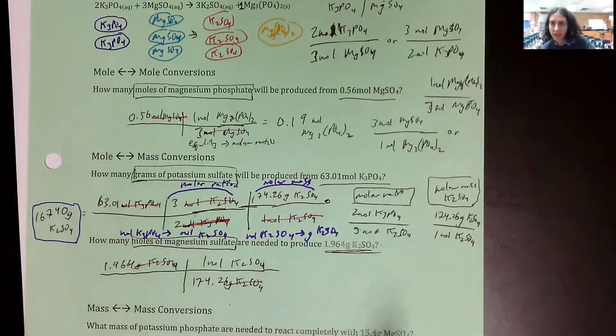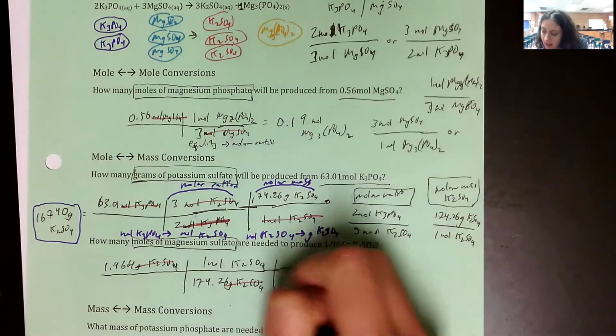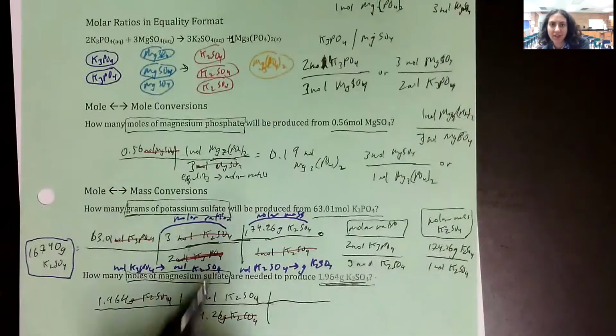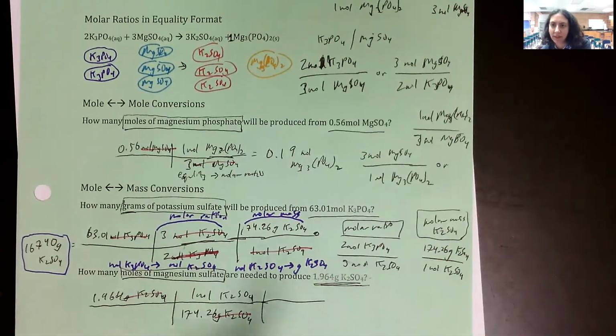Okay, are we done? Well, the question is asking for moles of magnesium sulfate. We currently have moles of potassium sulfate, so no, we are not done. So now this is a good time for a molar ratio. Anytime we need to convert from moles to moles, we're going to need a molar ratio. And the molar ratio is very specific to this equation. If we had a different equation, these numbers would be completely different.